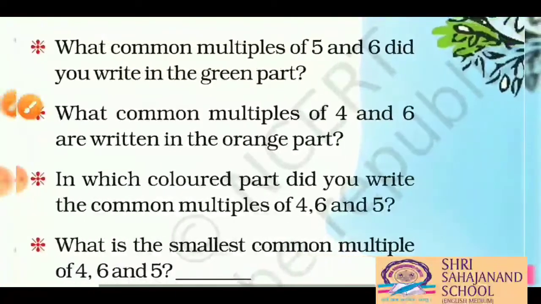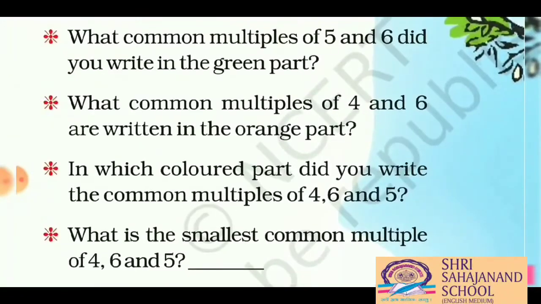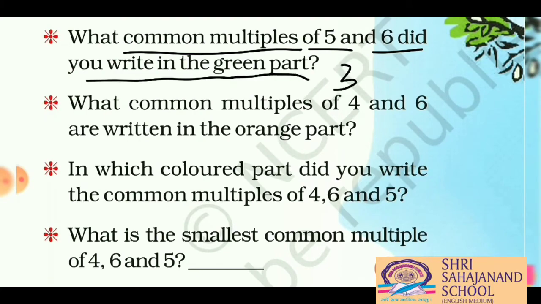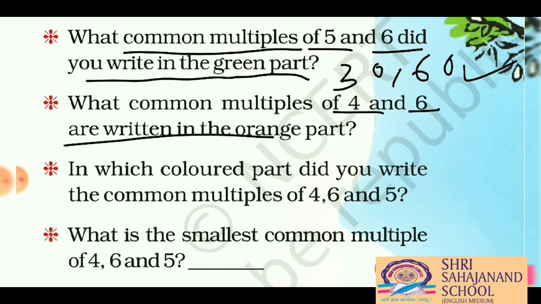Now next some questions are here. What common multiples of 5 and 6 did you write in the green part? So we write 30 and 60. Yes, we have done it already. What common multiples of 4 and 6 are written in the orange part? Yes, in saffron part we are saying that. So that were 12, 24, 36, 48 and last was 60.